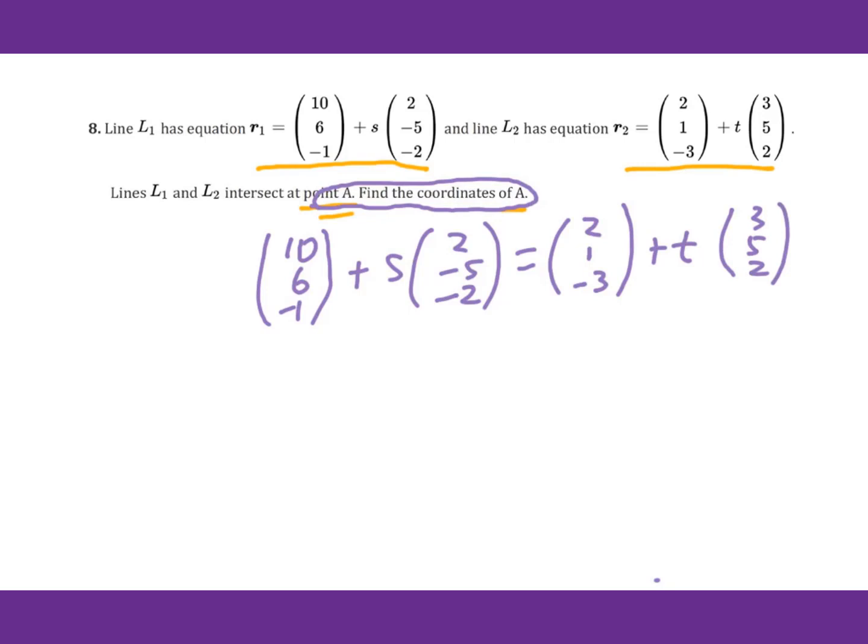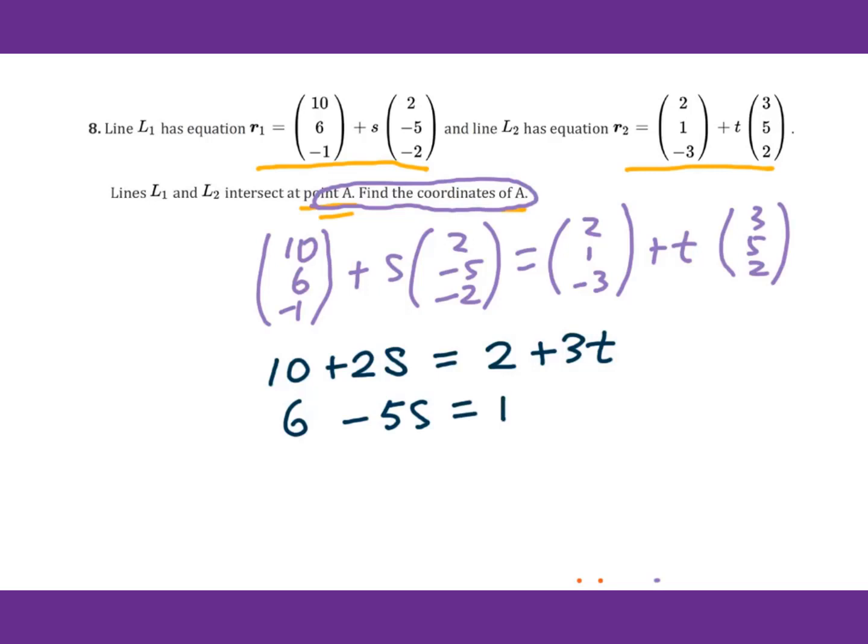Check the first row. You will get 10 plus 2s equals 2 plus 3t. Second row, 6 plus negative 5s equals 1 plus 5t. Third row, negative 1 minus 2s equals negative 3 plus 2t.